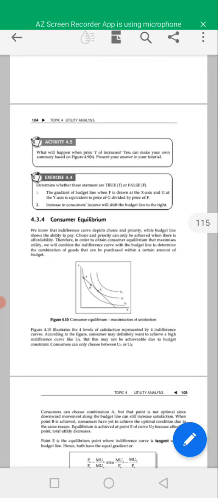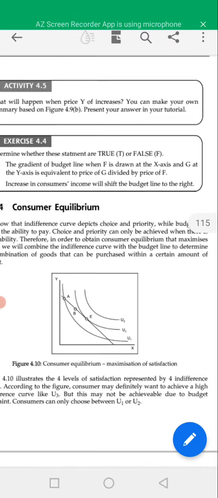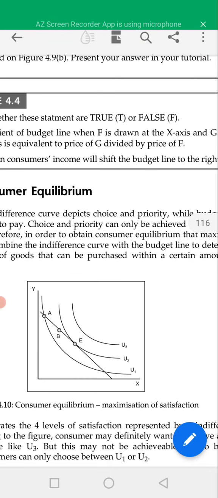So for example, which bundle do you think? The first condition is that the maximizing bundle should be on the budget line. So we have three options: A, B, and E. They are all on the budget line, but which one will the consumer choose? Obviously the consumer will not go for A because A is on a lower indifference curve.